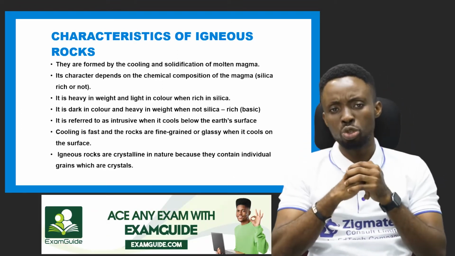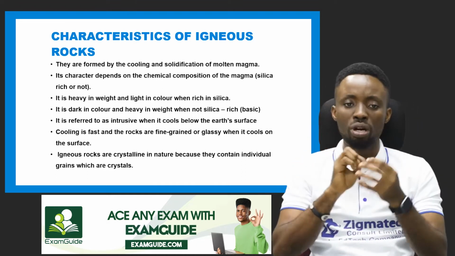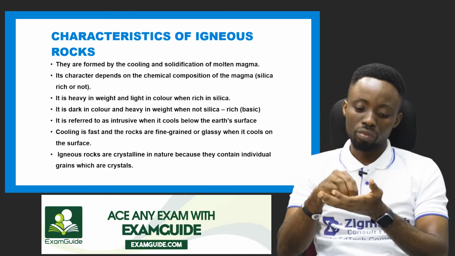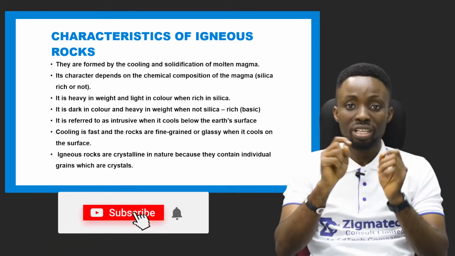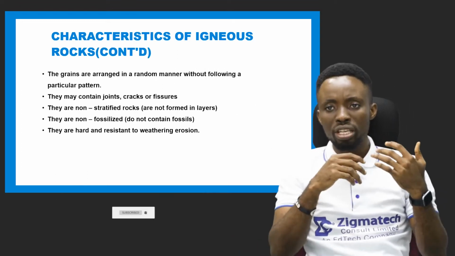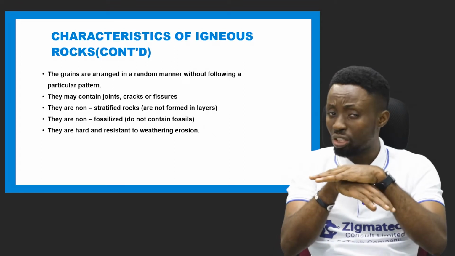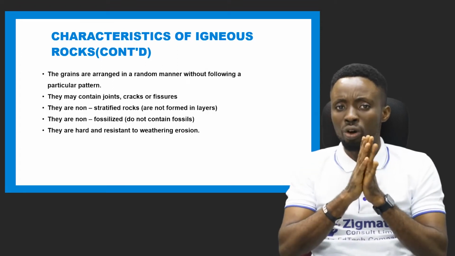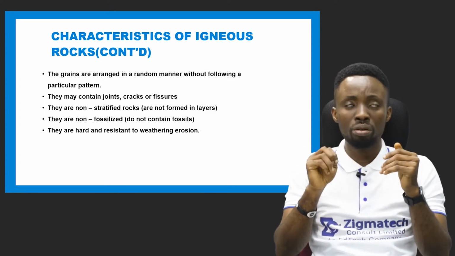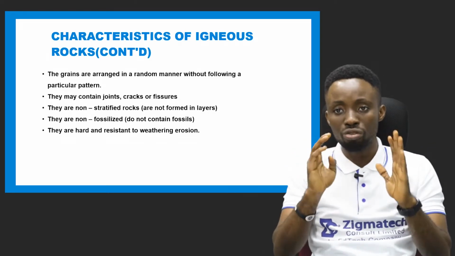And one thing about igneous rock is that they are crystalline in nature because they contain individual grains or particles in the form of crystals. Also, these grains don't follow any pattern. They are not like the sedimentary rock that are stratified.